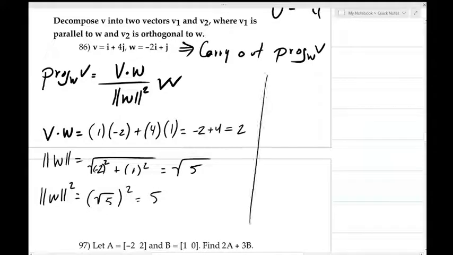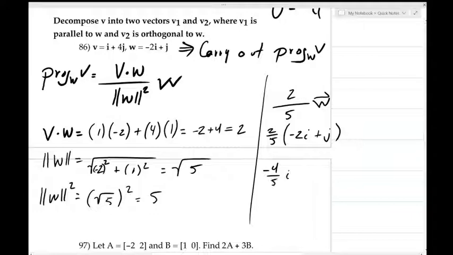So we pretty much have everything. We have 2 over 5 times the vector w, right? So 2 over 5 times negative 2i plus j, and that gives us negative 4/5 i plus 2/5 j. So this is the projection of v onto w, but more importantly, this vector we're going to call v1.